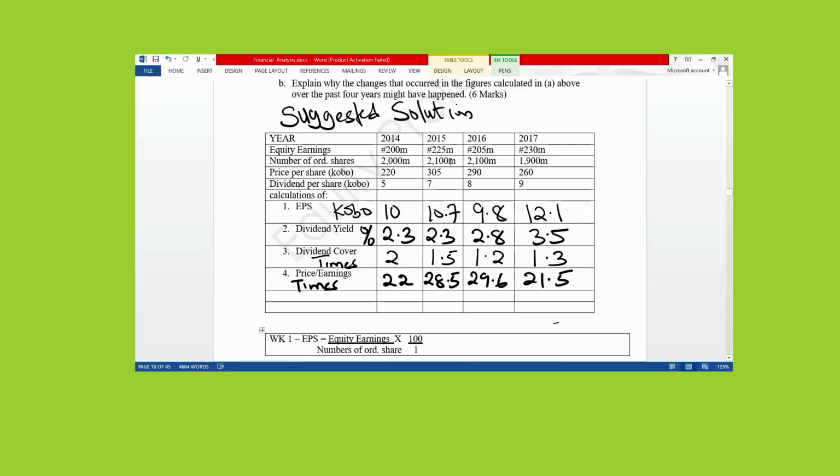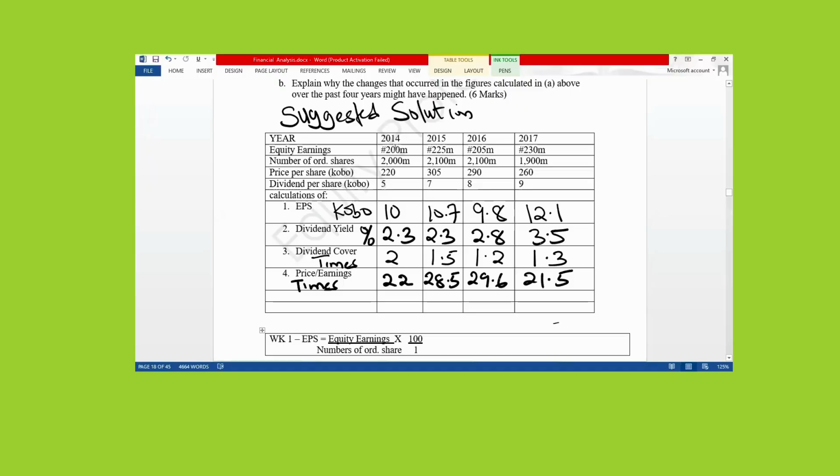What is the percentage increase in number of ordinary shares? 5%, thank you. Number of ordinary shares increased by 5%.